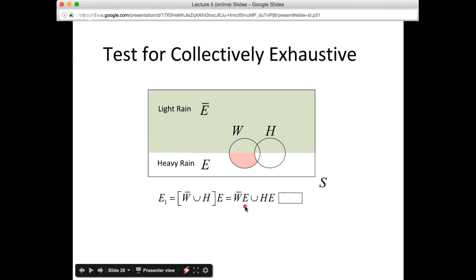So W complement E, basically we're looking for the intersection between everything outside of W and E. And so that's going to be the white space that's indicated here, W complement E, minus the little bit of white inside of W. So that we wouldn't have until we union it with HE, because that little extra bit is going to be the intersection of H and E, which is the sort of half, sort of hemisphere of H. And so when we add that in through the union, we end up with this entire white space here.